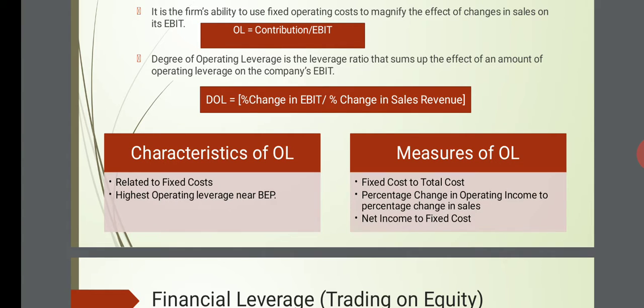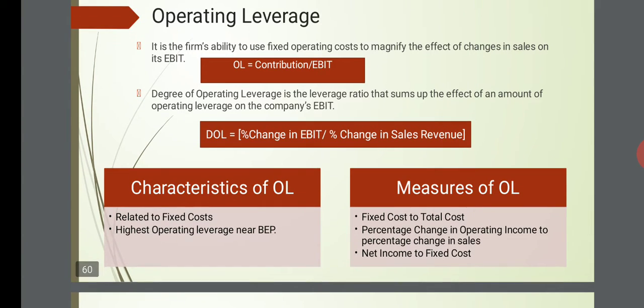Characteristics of operating leverage. Let us talk about the degree of operating leverage. It tries to find out what the percentage change in EBIT is when a 1% change in sales revenue happens. So how sensitive your EBIT is to your sales is the degree of operating leverage.